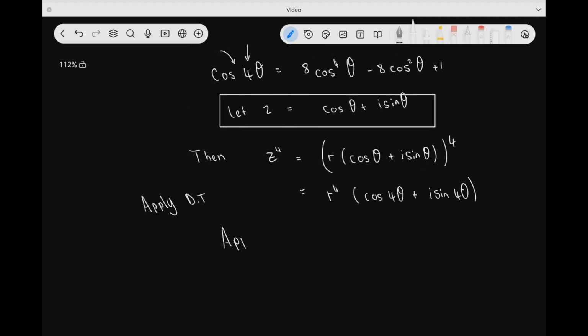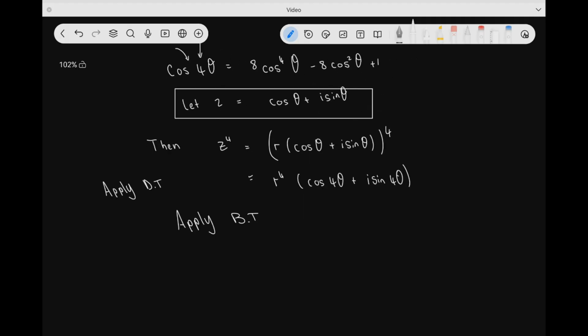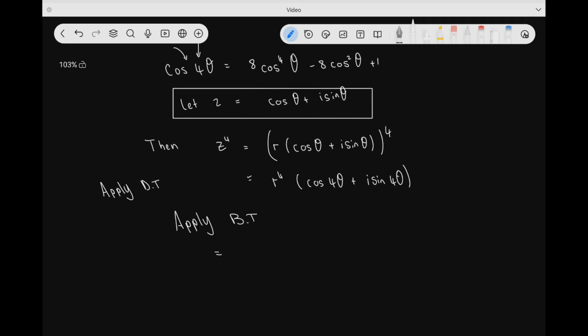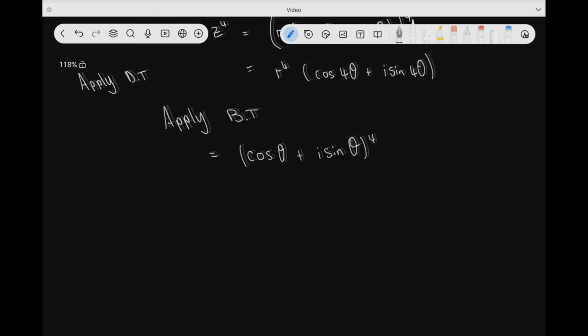Now we can apply the binomial theorem to the following problem. Since r in this particular case is 1, it's just going to be cosine theta plus i sine theta, and we're going to raise this to the 4. Let's apply the binomial theorem here.